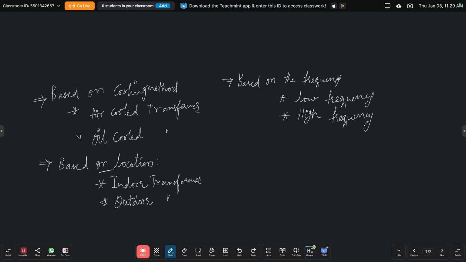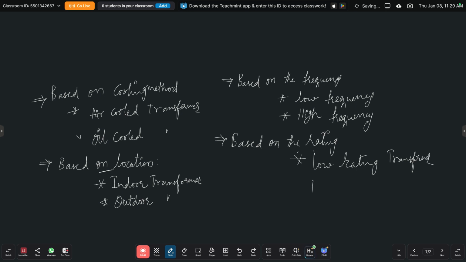Based on the ratings we are going to represent three types, that is a low rating transformer, medium rating transformer, then high rating transformer.